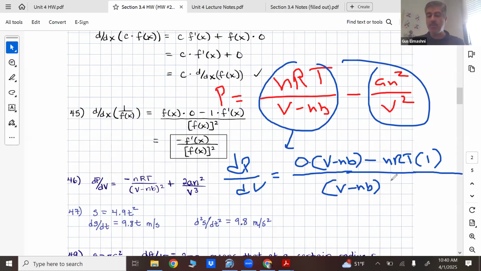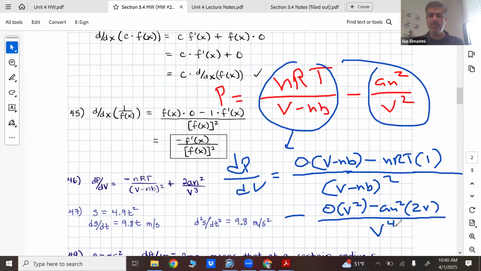So minus, let's look at the second fraction. What's the derivative of an squared in terms of v? 0, right? Then v squared minus an squared times the derivative of the bottom, 2v, over the bottom squared, which is v to the fourth.